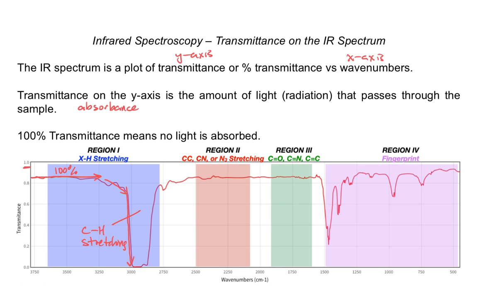And then once you get out of that region, you get into region 2, that's your triple bonds. And you see how it's flat there? There's nothing there. So this compound, whatever it is, has no triple bonds in it. So as you interpret these, you're looking for the presence of something, but you're also eliminating stuff if you do not see a signal.